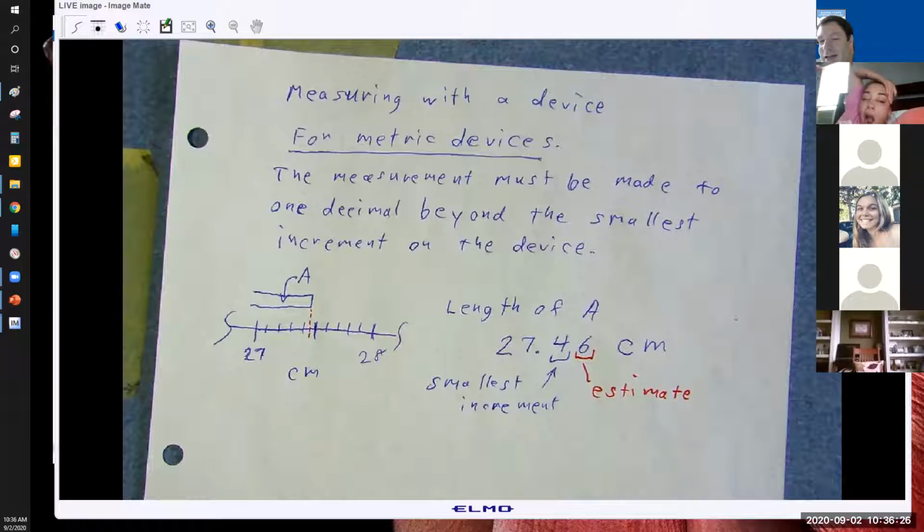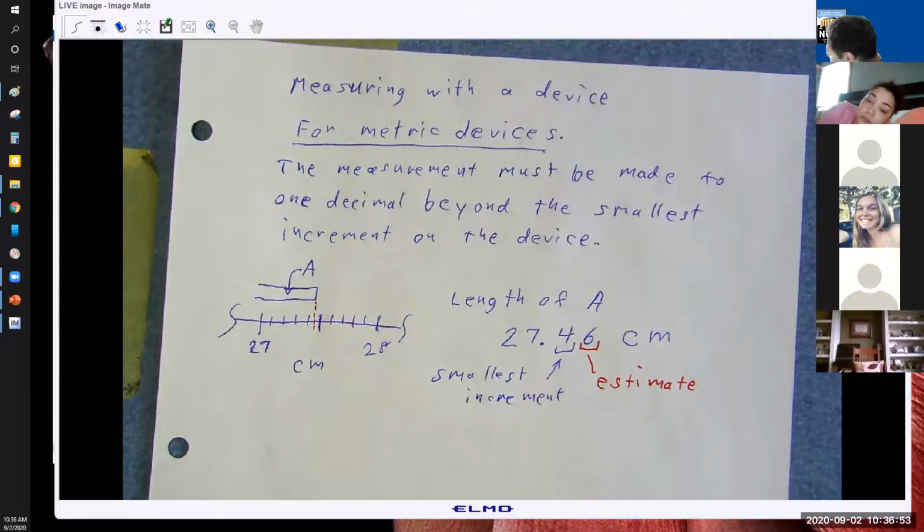So if everyone uses this system, it gives you an idea of how accurate this measurement was, and what kind of device was being used to measure it. And that's important if you're trying to replicate data, or you're trying to understand how much error you have in your calculations. We're going to discuss significant figures in the next section. But so that's measurements.